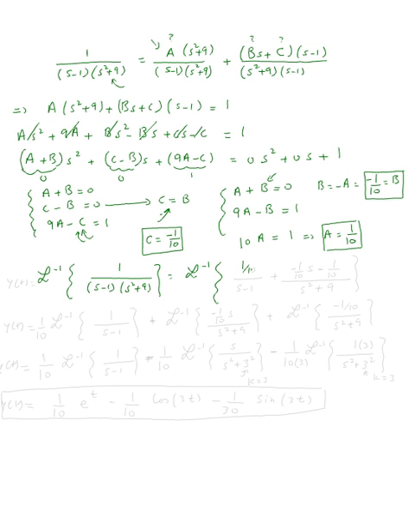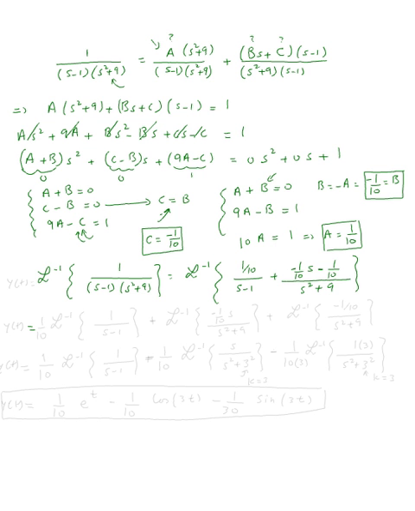A happens to be 1 over 10, over s minus 1, plus Bs, B is negative 1 over 10, s plus C, C is minus 1 over 10, all of that over s squared plus 9. Now what we can do here, we can even take 1 over 10 outside.